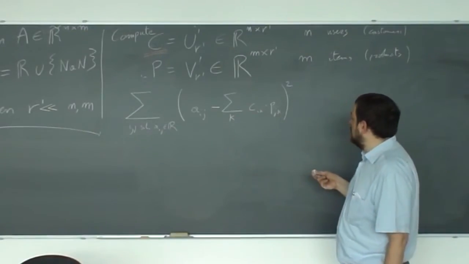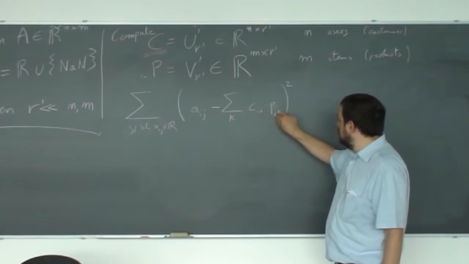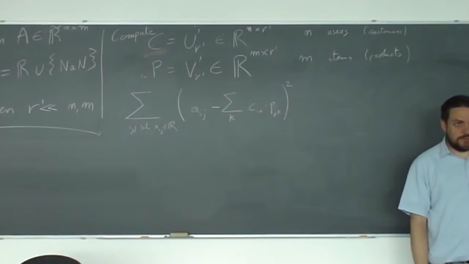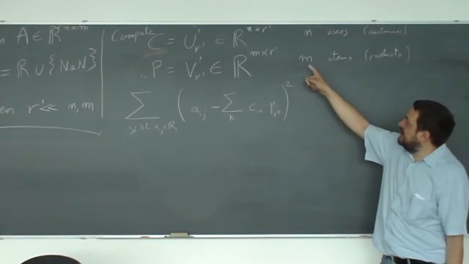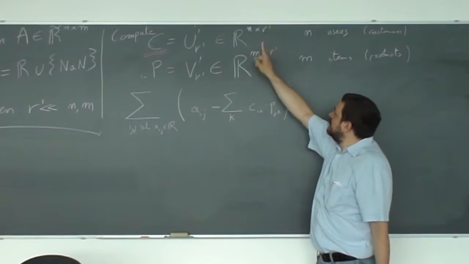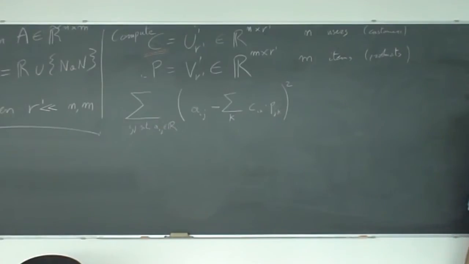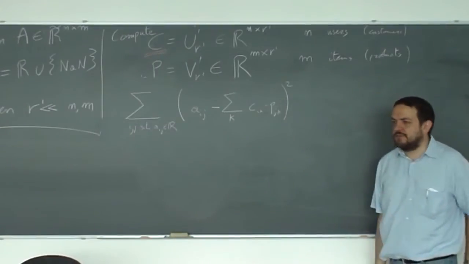You see here, we just need to determine these real numbers. How many? N times r prime plus m times r prime numbers. This is a quadratic problem. No, actually not, because we have a square of a product.